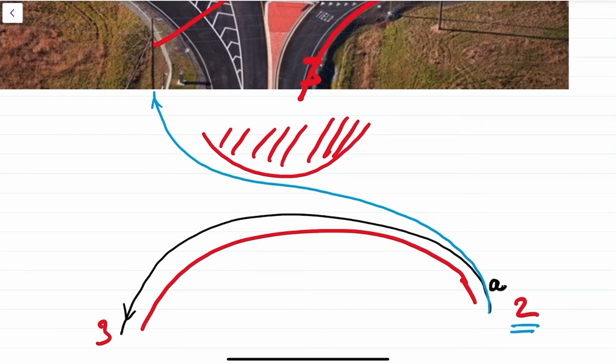So that is represented by B. A is the left turning traffic, coming from 2 and going to 3. When traffic is coming from 2 but going to some other leg apart from leg 3, in this case leg 4 and 1, that is called our B.